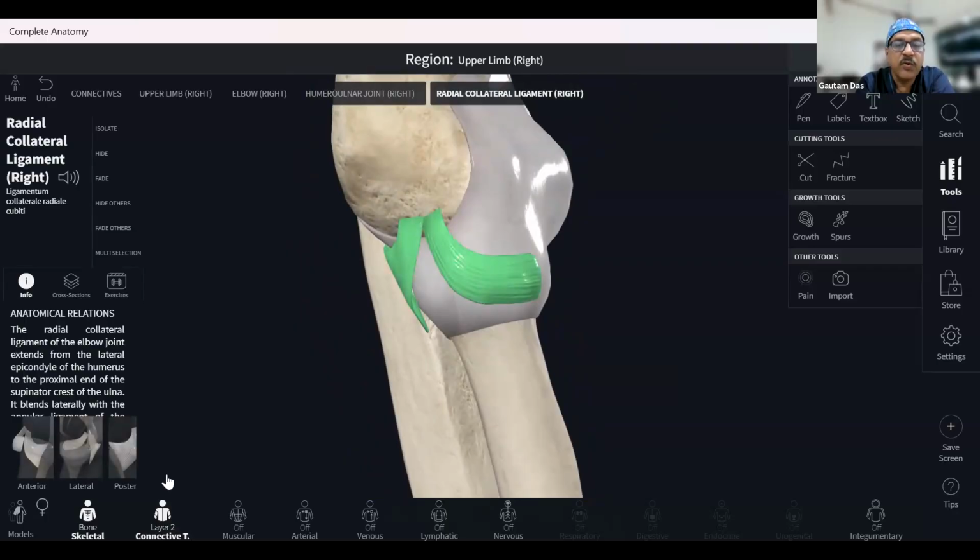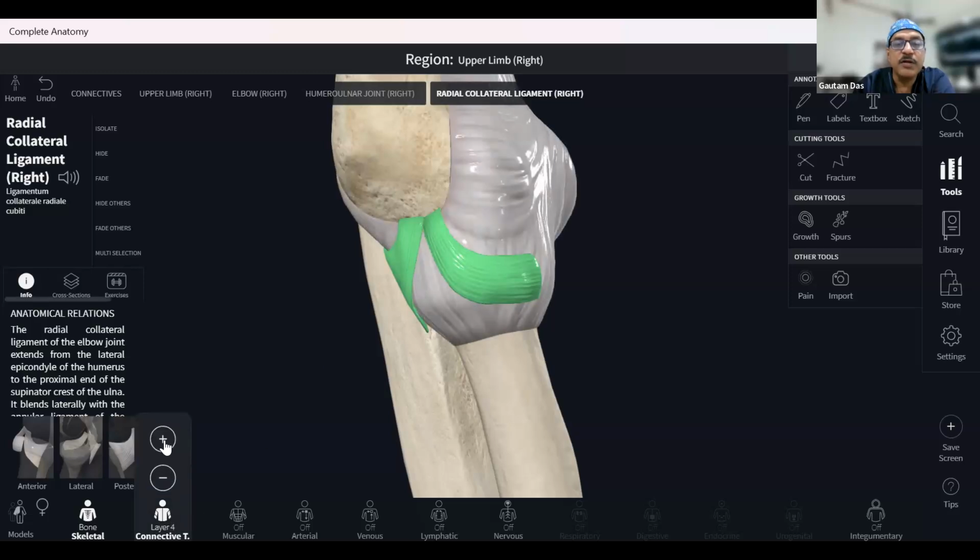The annular ligament is around the radial head, and along with that there is a lateral ulnar collateral ligament, which is also a part of the lateral ligamentous complex. It is basically the posterior band of this lateral ligamentous complex. So this was your lateral ligamentous complex.